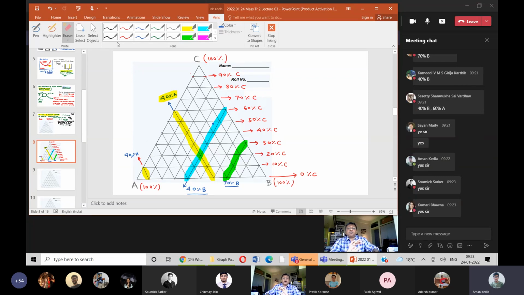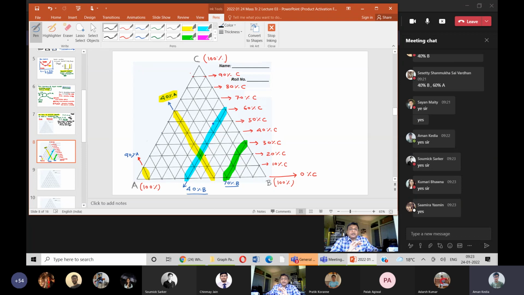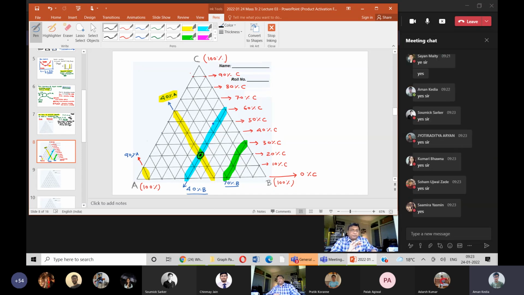Now, let me ask you one interesting thing. Let us now try to find out what this point represents. So this point, if you now look carefully, is on the 40% B line, right?